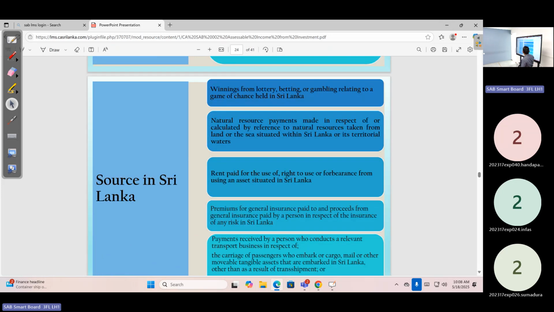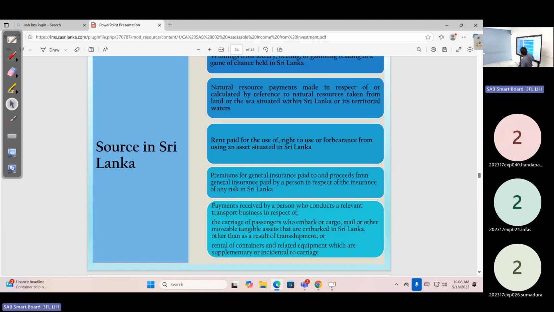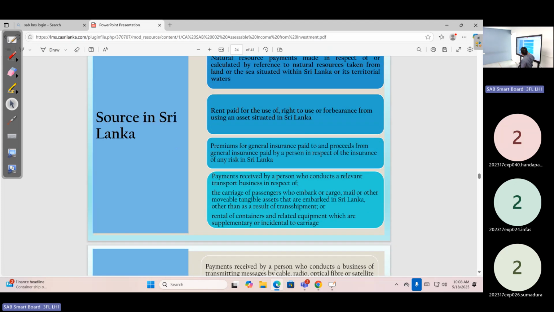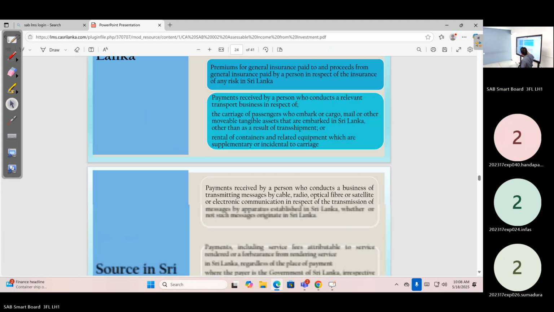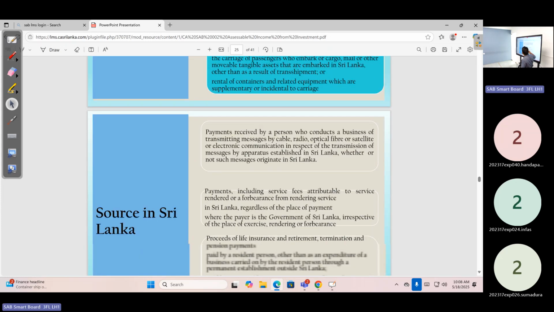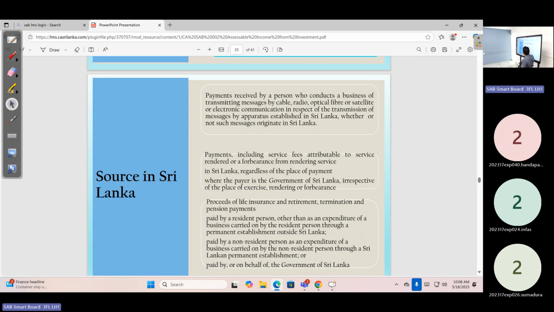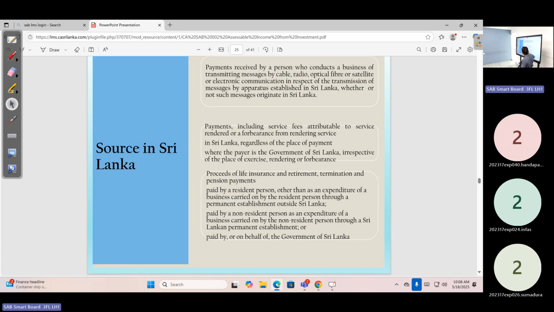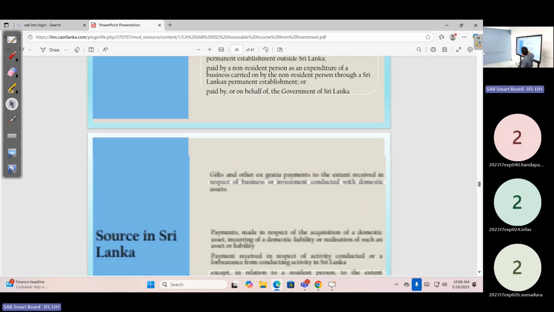So, rent: the right to use of assets situated in Sri Lanka. Premium for general insurance, payment received from a person conducting a transportation business, payment received by a person who conducts a business of transmission of messages, payment including service fee attributable to services rendered in Sri Lanka regardless of place of payment, life insurance, that type of thing.